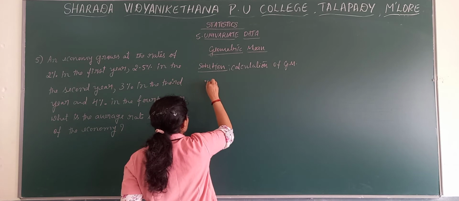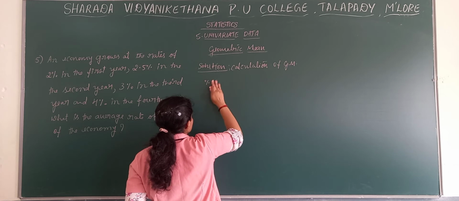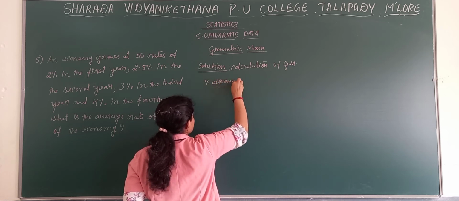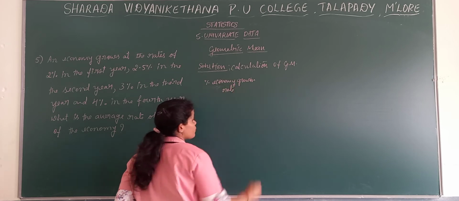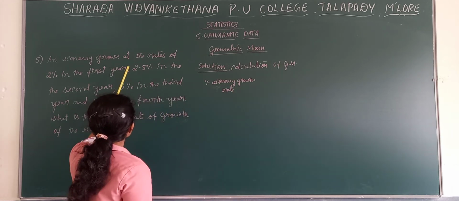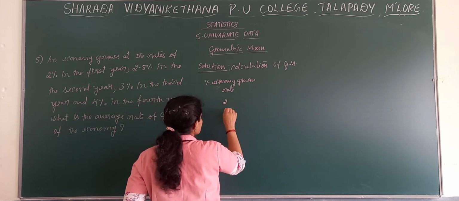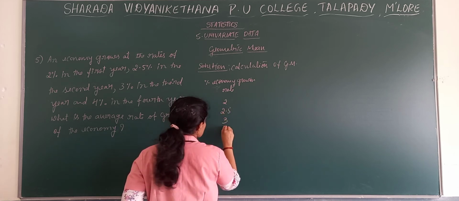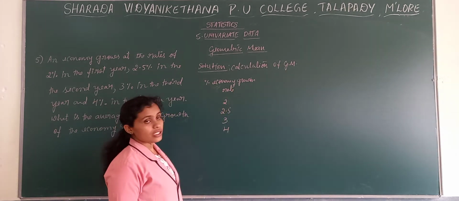Percentage of economic growth rate, that is we have the growth rates 2%, so 2, 2.5, then 3 and the last one is 4. It is about the percentage economy growth rate.